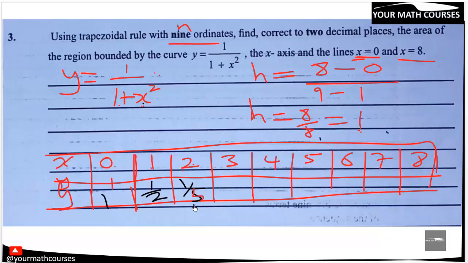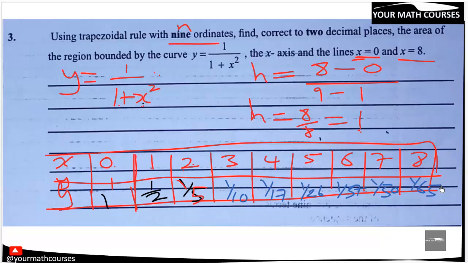Over here, 3 squared is 9, so we get 1 over 10. In that order, we substitute the x values: 1 over 17, 1 over 26, 1 over 37, 1 over 50, then 1 over 65.